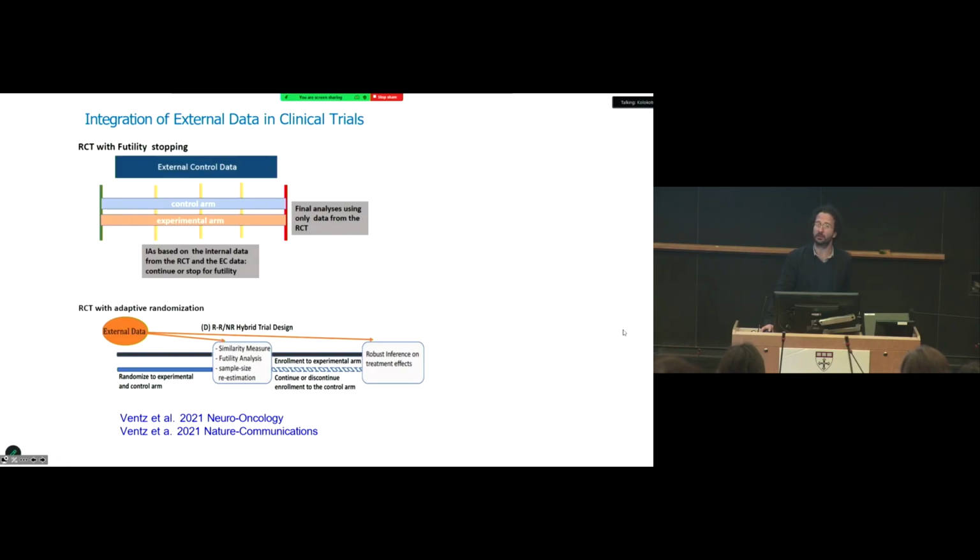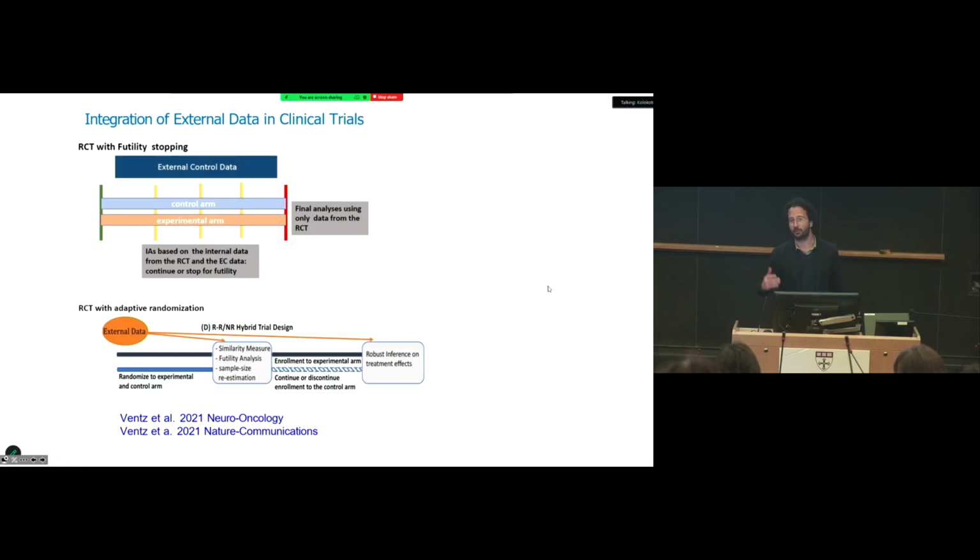And what we proposed was a Bayesian model that predicts the probability of a final positive result based on both the internal data generated from the trial, control arm and experimental arm, combined with external information. And when that probability becomes too small, then we discontinue the trial. And the bottom is another schematic of a different design, and the main difference is that we also allow for variation of the randomization probability.